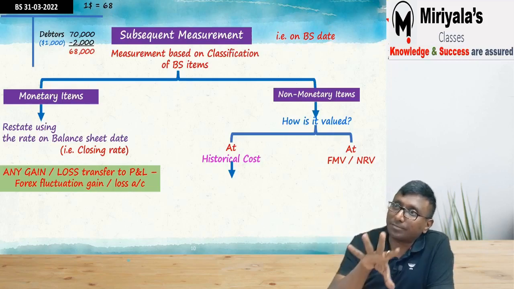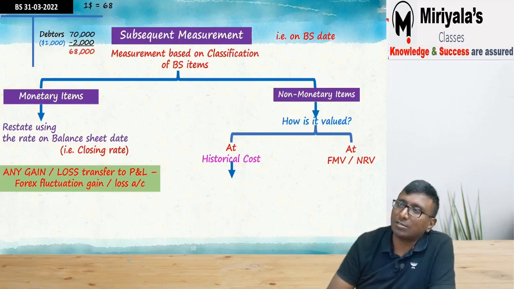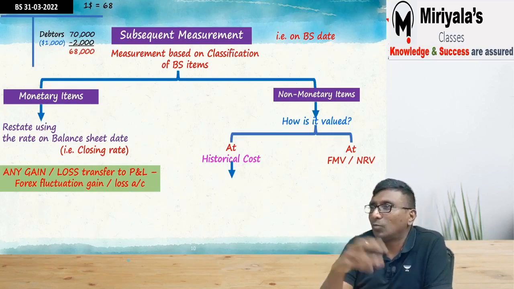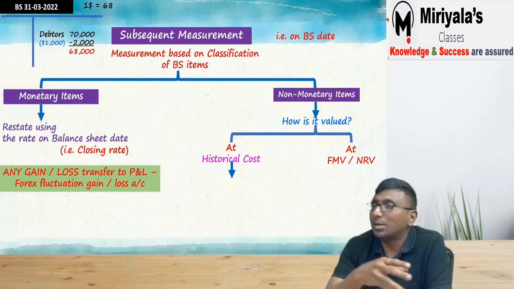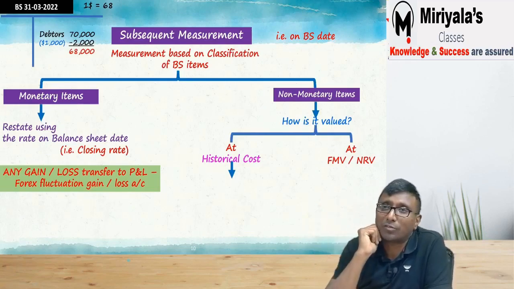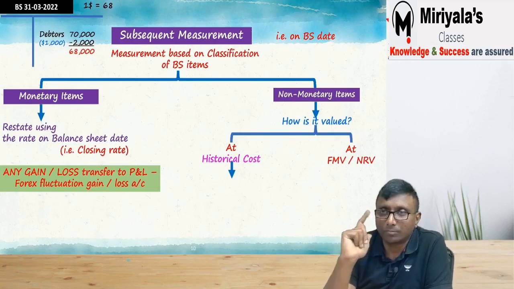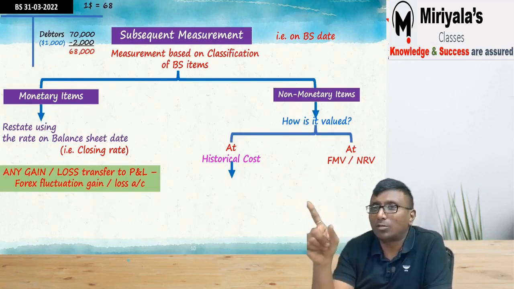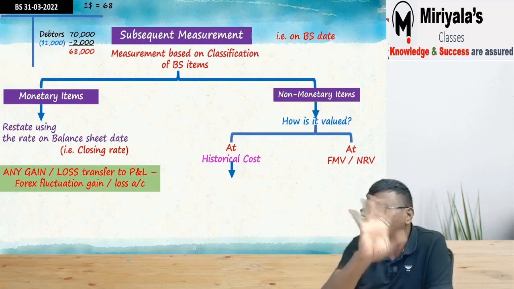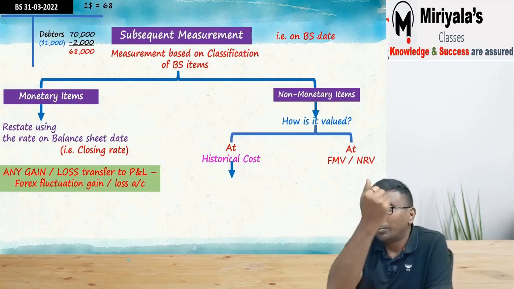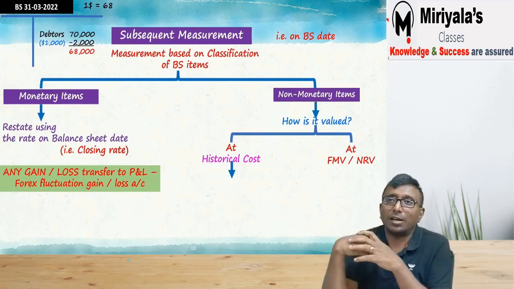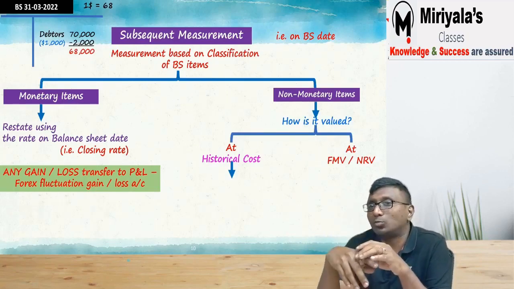So first you should ask, on the balance sheet date, current year, how is it measured? Sir, at cost. If it is at cost, then no need to remeasure it. One common sense thing. Example I told earlier: I purchased one laptop for $1,000 from the US. At 70 rupees, 70,000 I paid him there only, nothing pending. I brought a laptop. Okay, 31st March came, $1 went to 72.